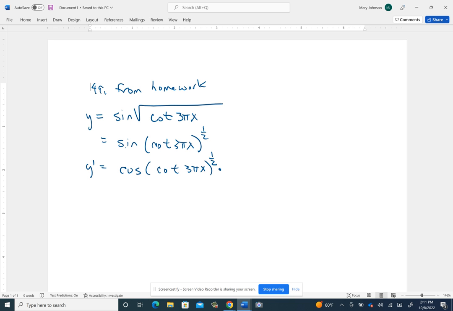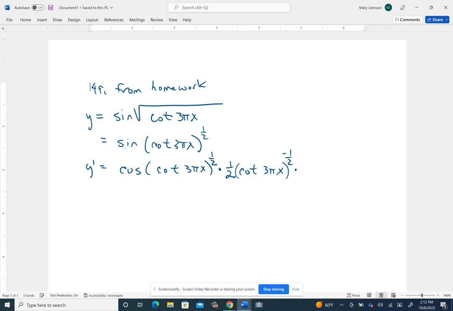Now you're going to deal with the square root, or the raising to the 1/2 power. So you're going to multiply that by 1/2 cotangent 3 pi x, raised to the negative 1/2. So you've dealt now with the radical.